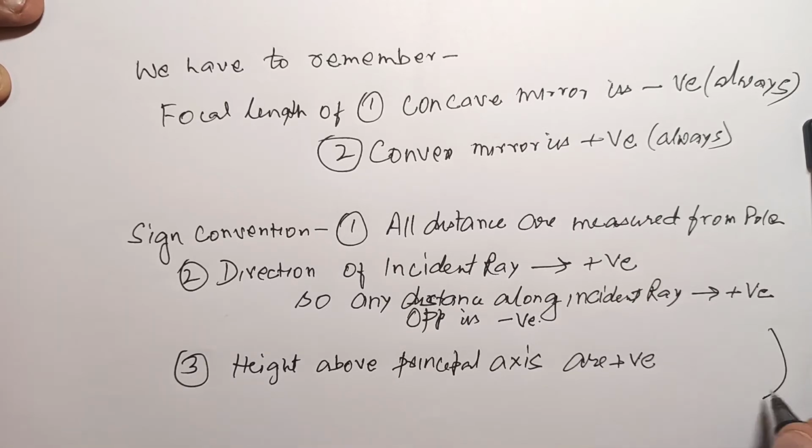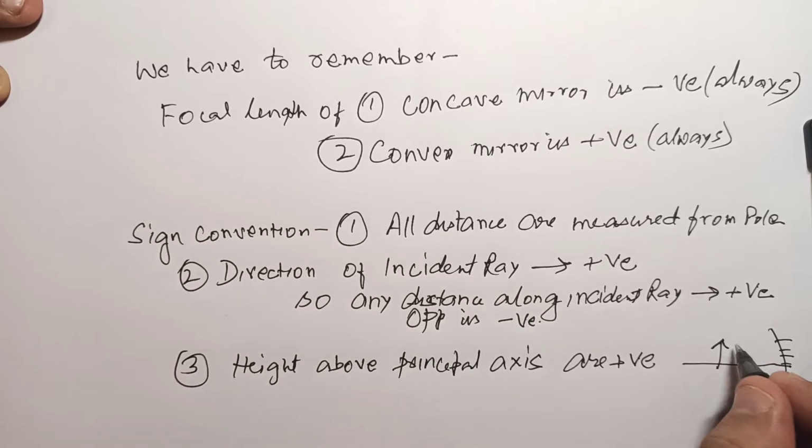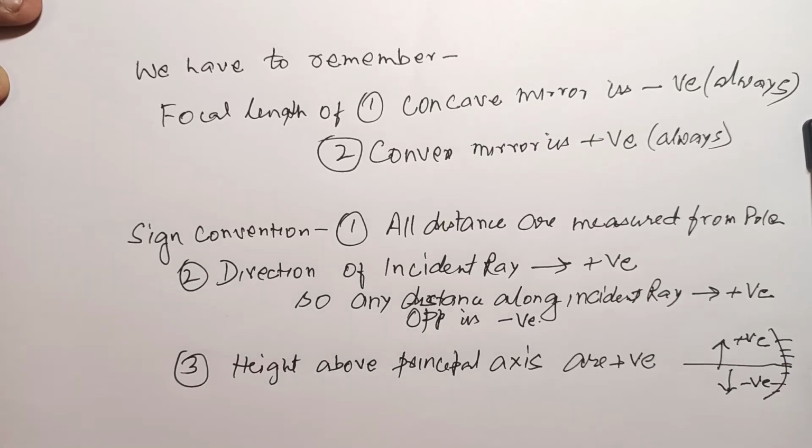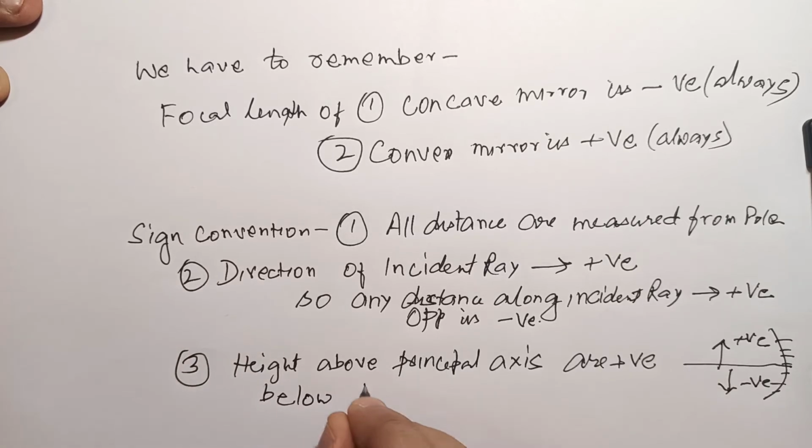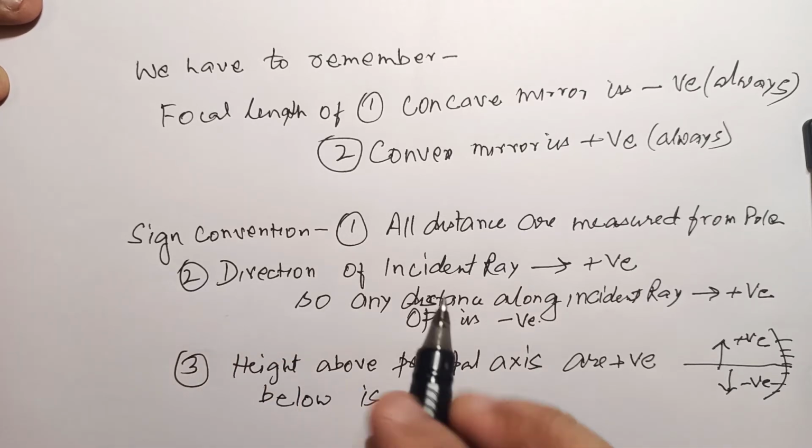Means, if this is the mirror, anything above here is positive and this is negative. Okay, and below is negative, right?